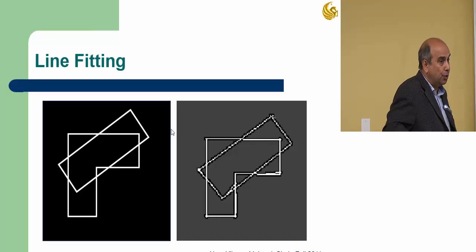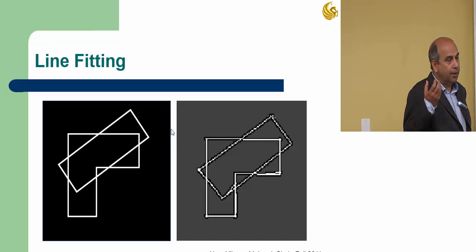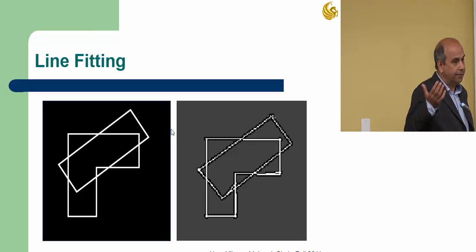But if there are multiple lines, and we don't know which set of points belongs to which line, then there'll be a disaster, because you are trying to fit a line on points from five different lines, so you will get something somewhere in the middle, which is none of those correct.